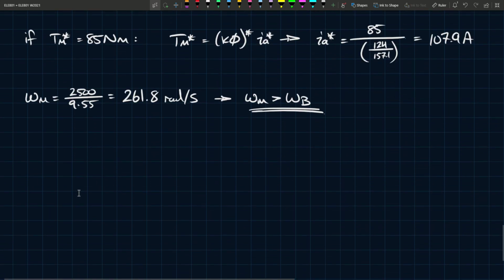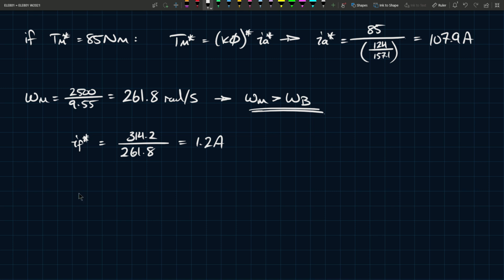Okay, so let's see what happens then. IF star is then equal to 314.2 divided by 261.8, and that's 1.2 amps, which also makes sense because remember the characteristic decreases the field current as the speed increases, and this is below 2 amps, so that's also making sense.